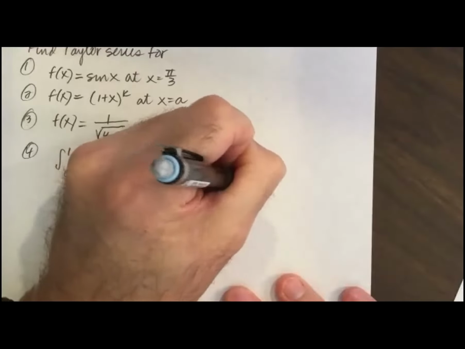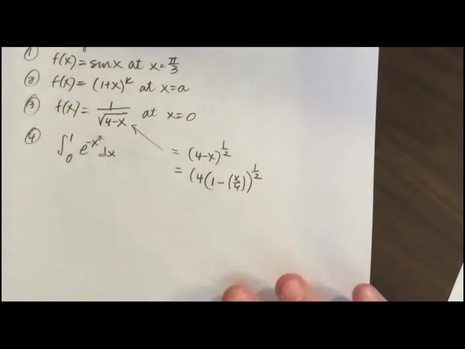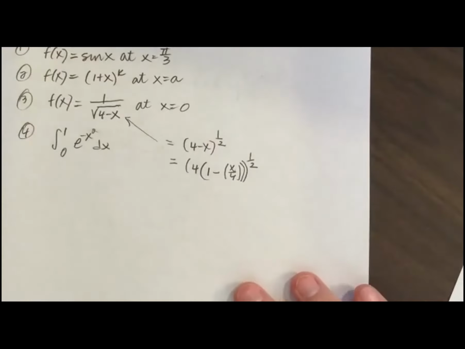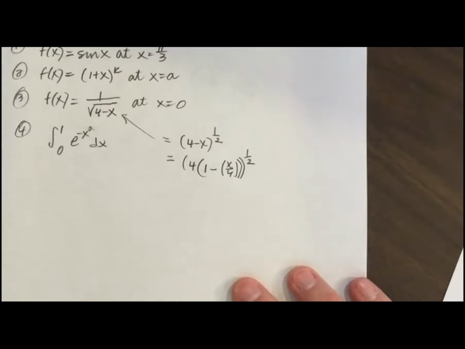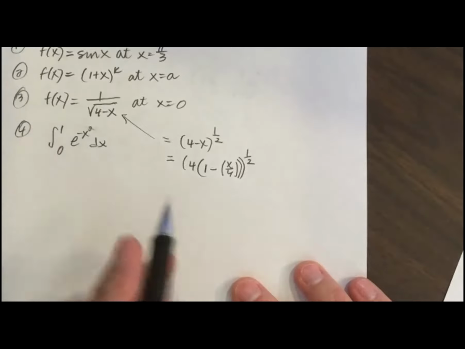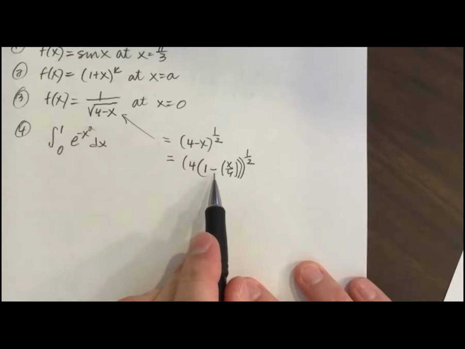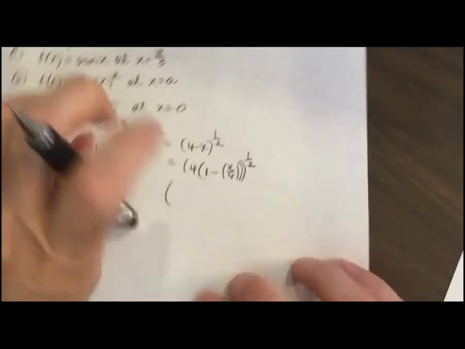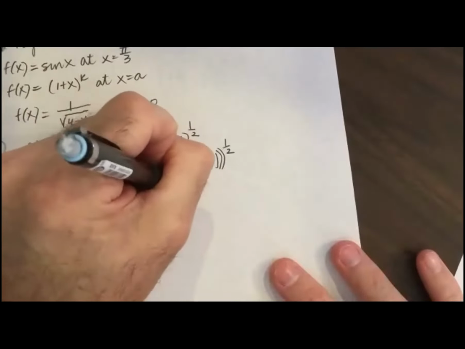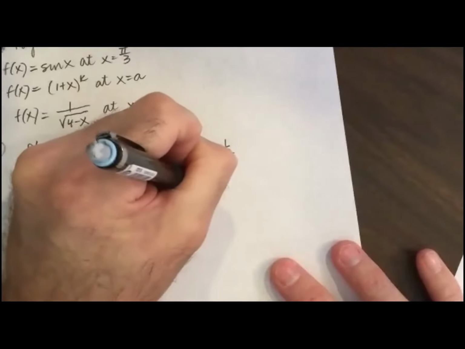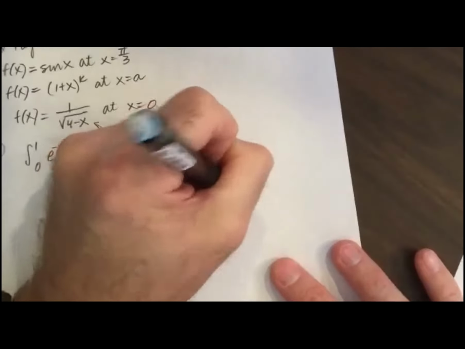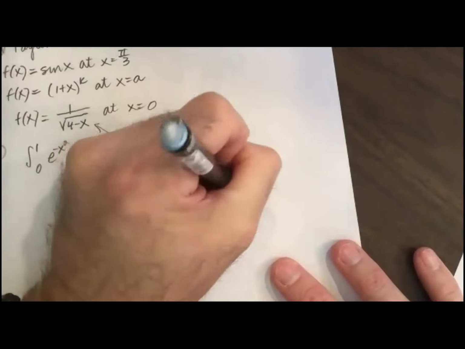x over 4. Am I missing a parenthesis? Missing one parenthesis. Yeah? Factor out a 4. But wait, it's supposed to be plus. So can I put the minus inside and write 4 times 1 plus minus x over 4, right, to the half power.